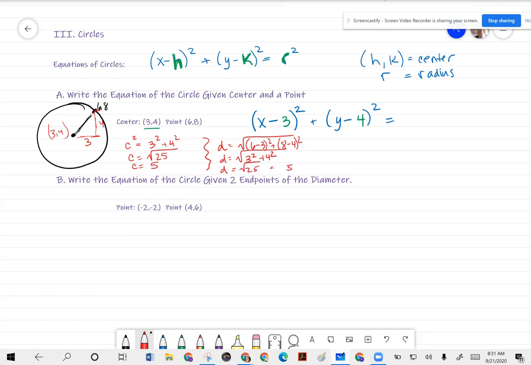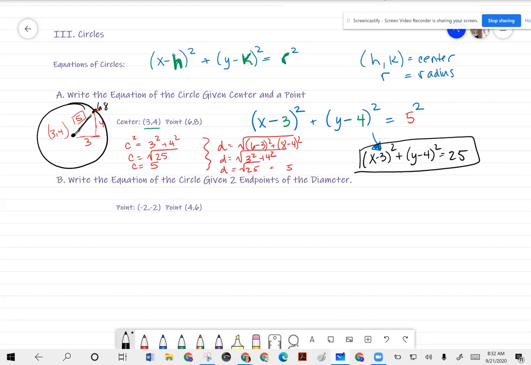Regardless, we now know that the radius is 5, but in the equation, it's radius squared. So we take our 5 and square that number. Your final answer is (x - 3)² + (y - 4)² = 25, and this is what you get to box.